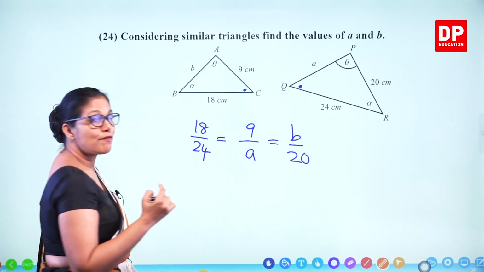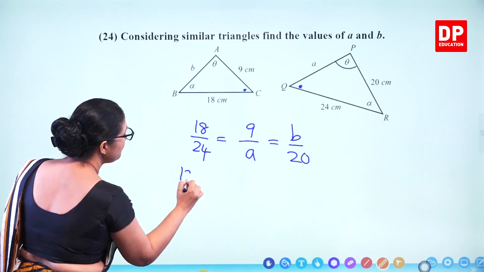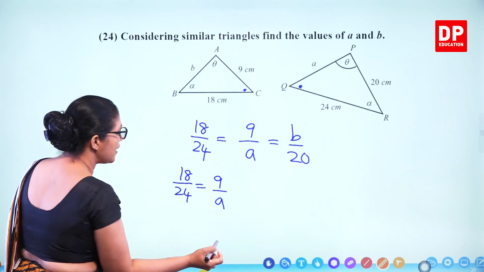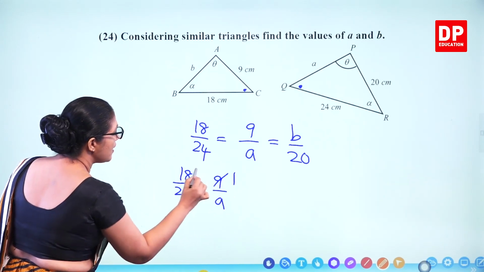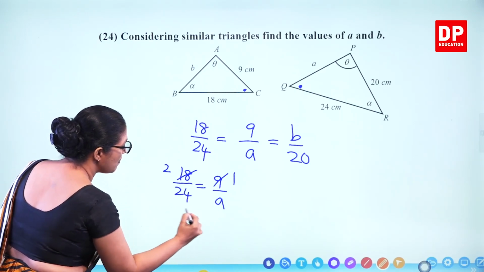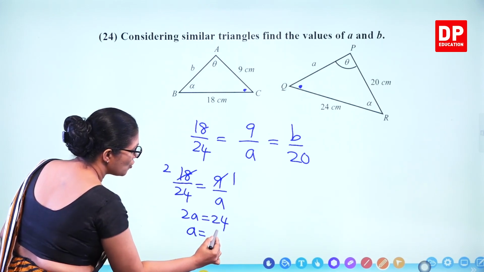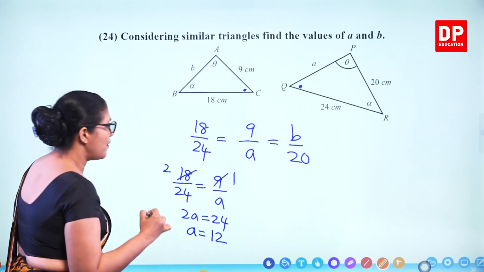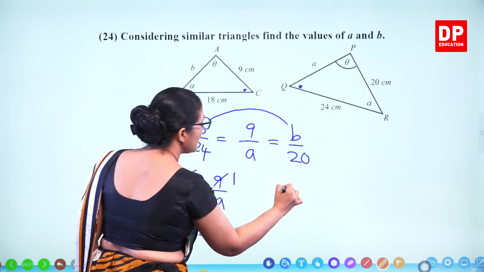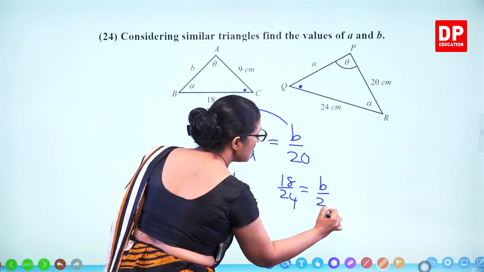So now you can find out A and B. When you take these two, 18 and 24, 9 and A, you can find out A. Divide by 9, you get 2 here. Now cross multiply, 2A equals 24. A becomes 24 divided by 2, that's 12. You can take these two now. 18 over 24 equals b over 20.